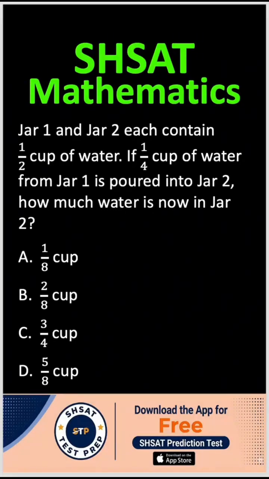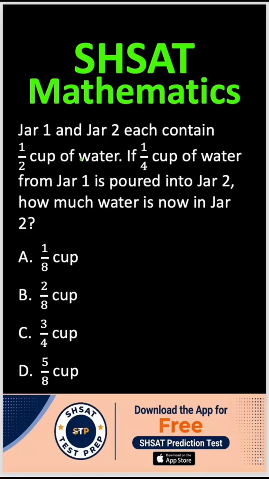This SHSAT mathematics question says jar 1 and jar 2 each contain 1 over 2 cup of water. If 1 over 4 cup of water from jar 1 is poured into jar 2, how much water is now in jar 2? So we can think of it as $1.